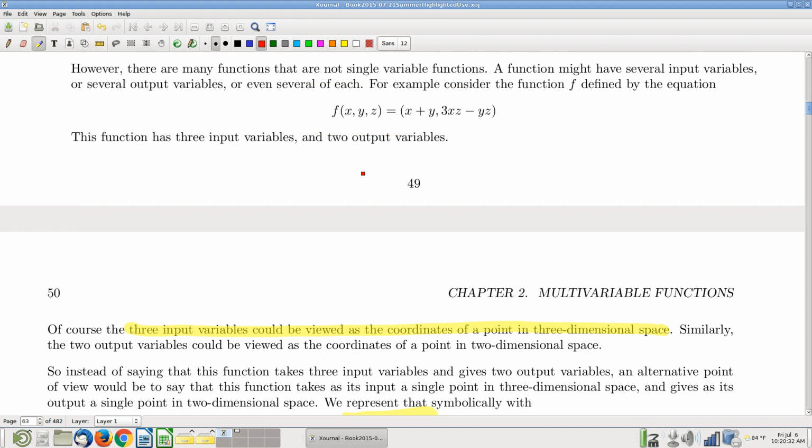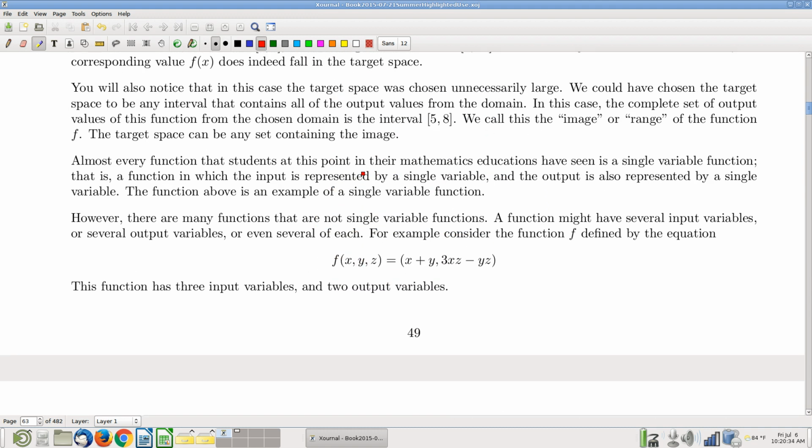With that under our belts, here's what a multivariable function is. It's no big deal, really. It's just a function that instead of having a single real number go in, we have several, multiple, you might say, variables go in, right? So that's the name, multivariable. And by the way, you might have multiple variables coming out, too.